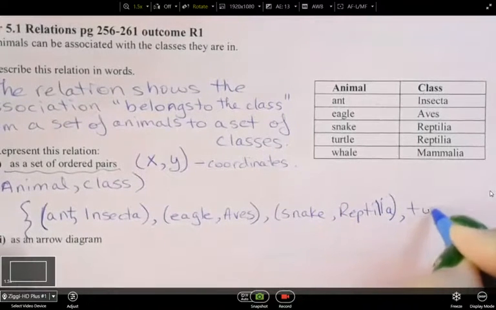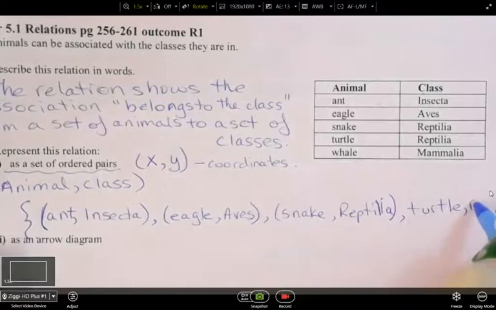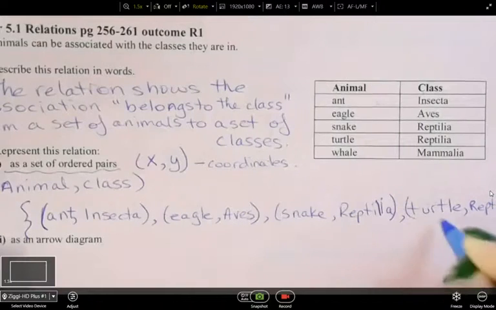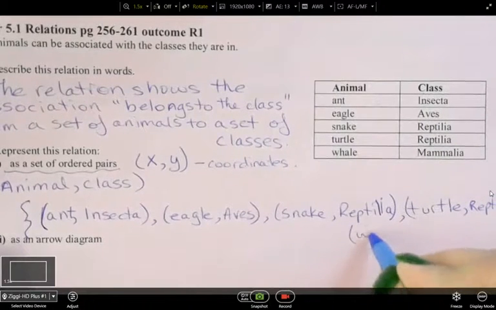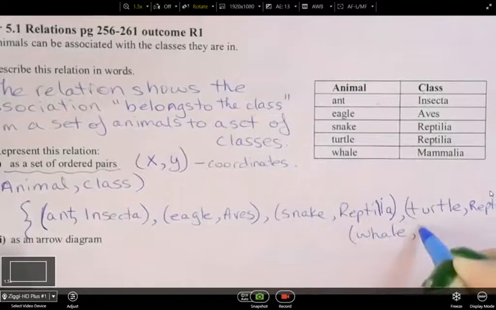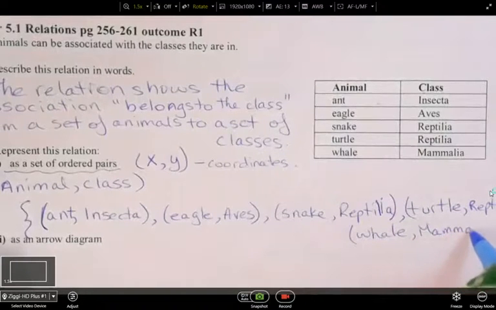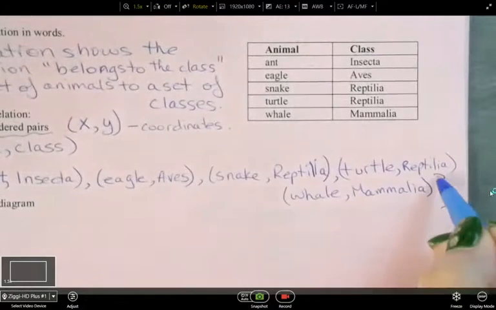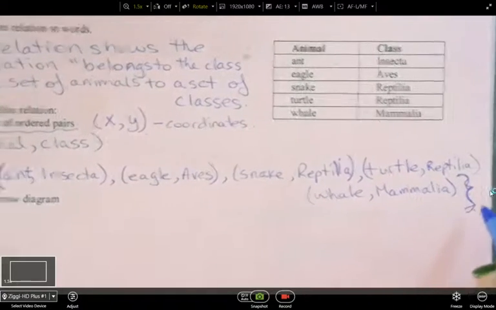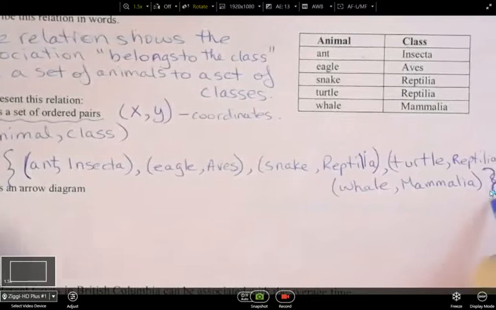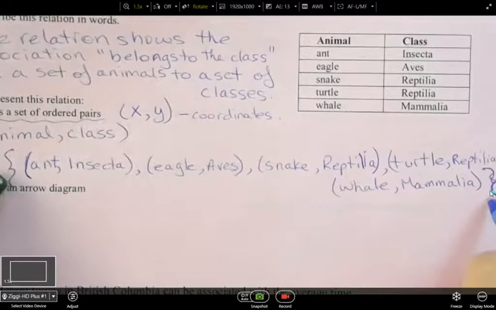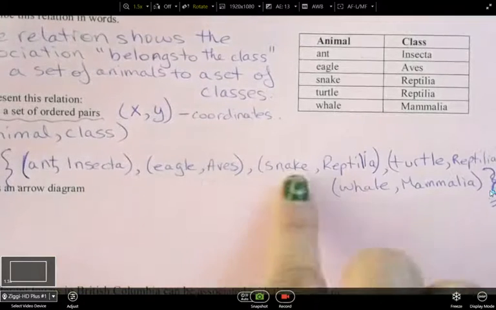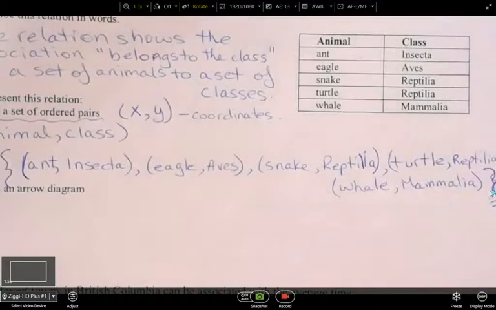And then turtle and Reptilia again. And I'm going to continue down here, whale and Mammalia. And then I'm going to close my bracket over here. All right, so that shows you the set right there. You've got your two curly brackets on the ends, and then all the, you could think of them as points inside.